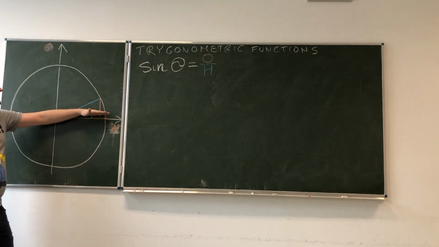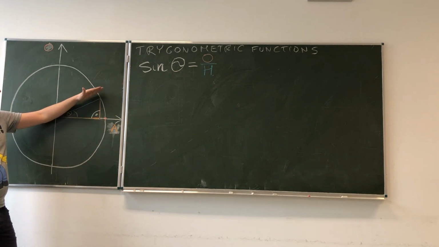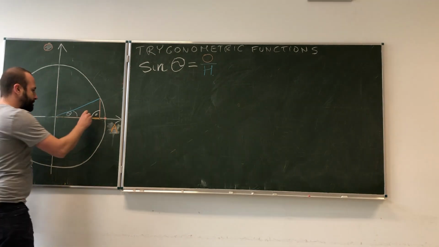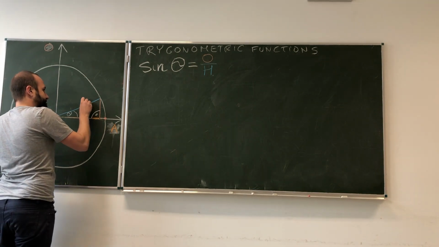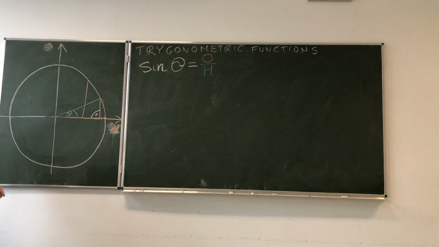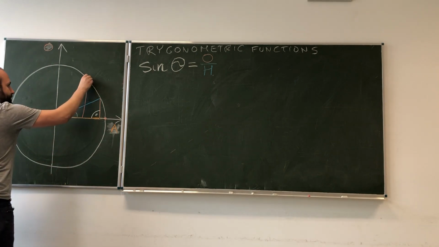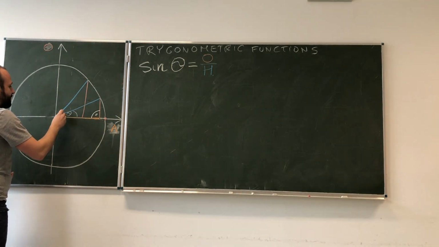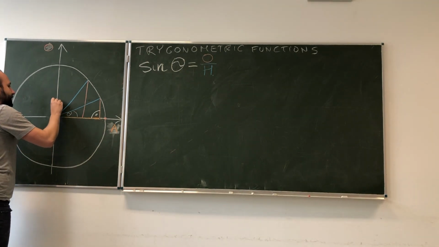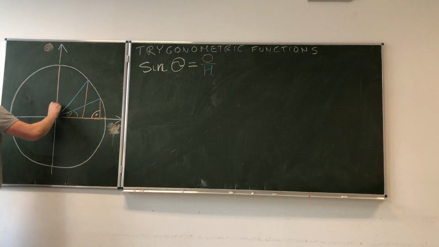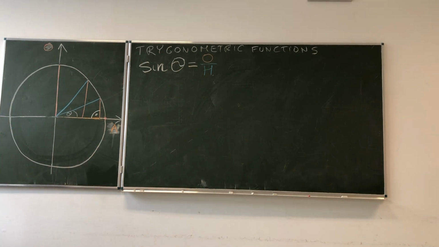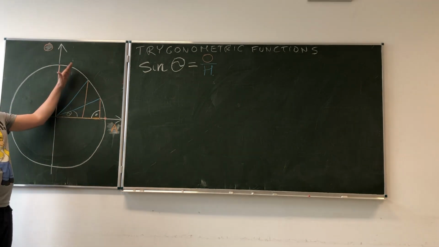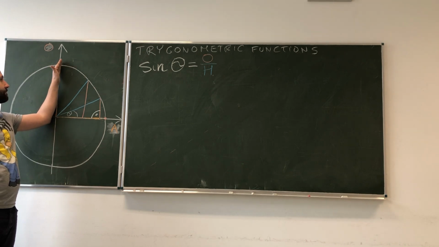But look, once we start moving up and up and up, we can see that the opposite is going to get bigger and bigger and bigger, and finally, over here is going to coincide with hypotenuse, right?